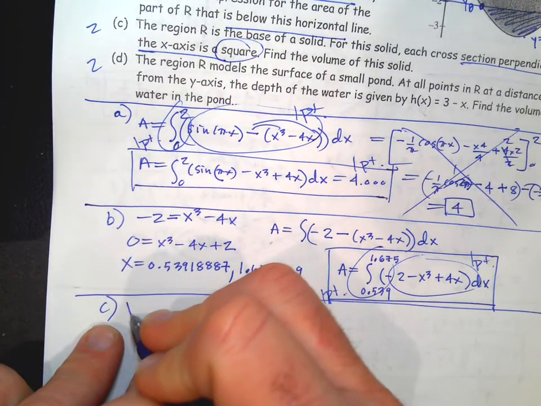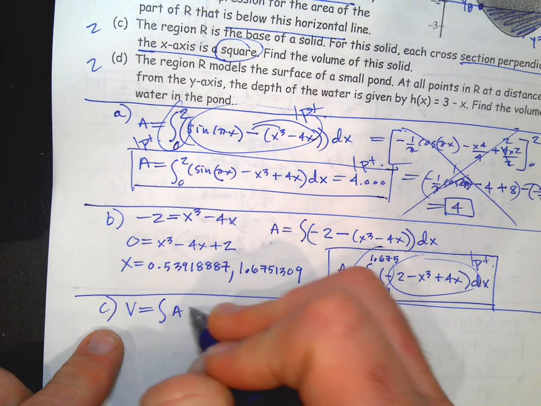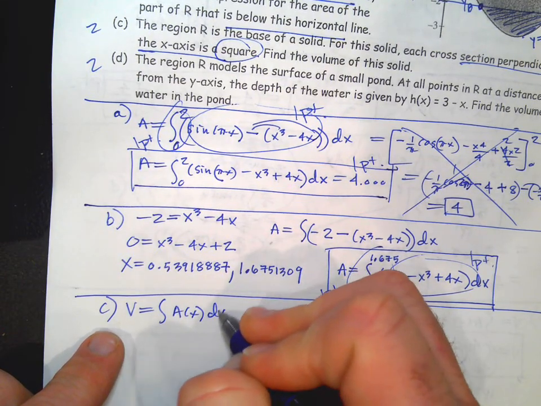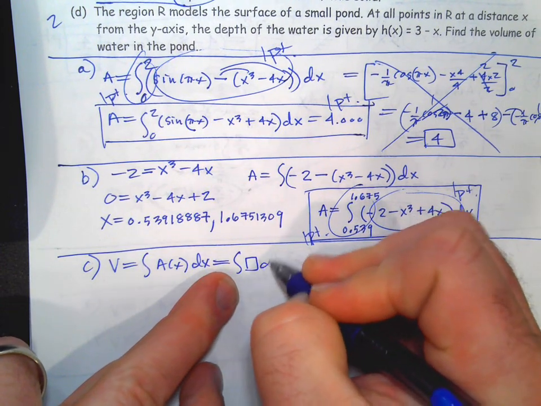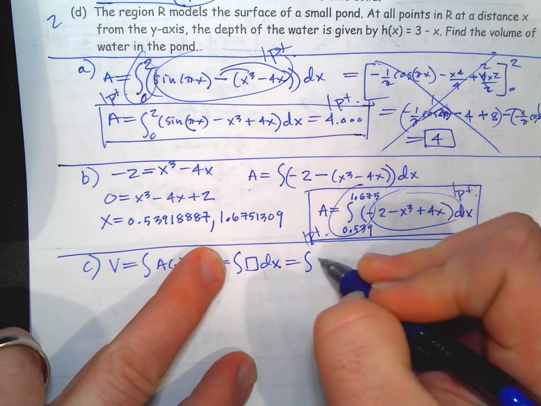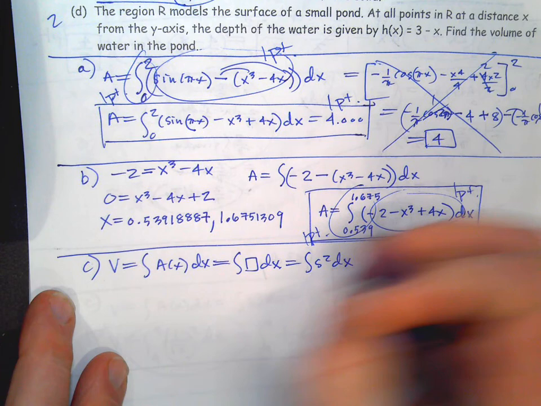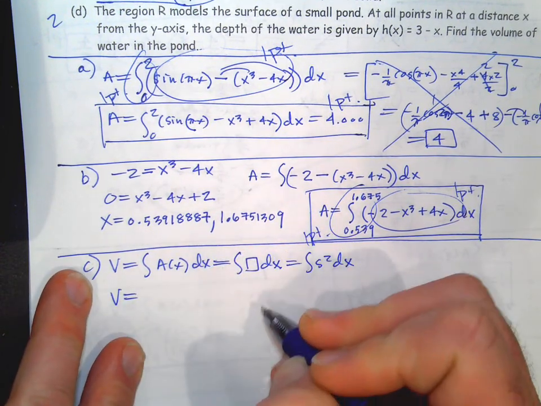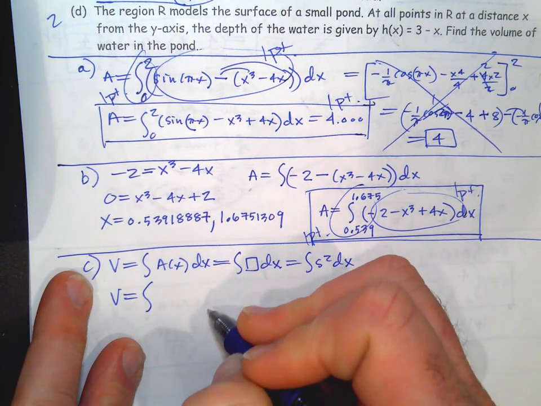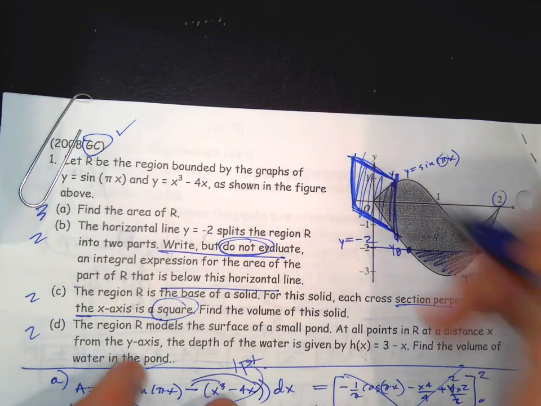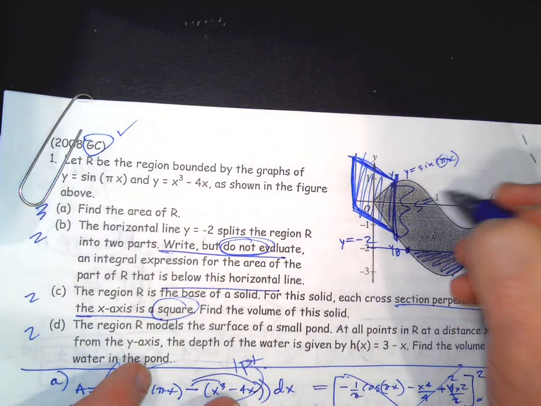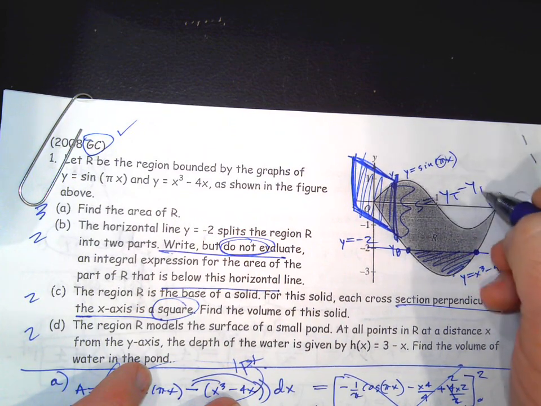So the volume, they're perpendicular to the x-axis, so everything's in terms of x. It's some area formula in terms of x. It's a square. It's side squared. And the limits are 0 to 2. The side, this is one of the sides here, is y top minus y bottom.